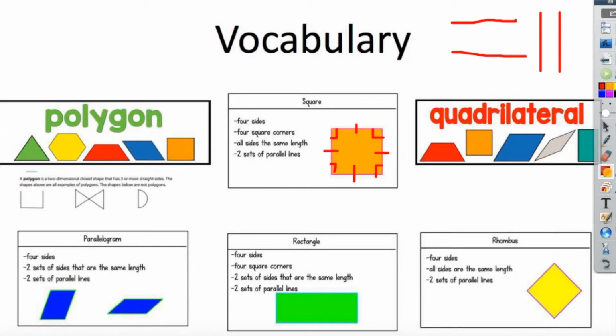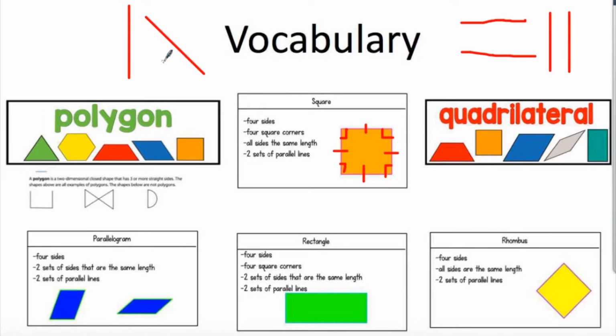If you had something like this line and this line, I want you to think about, are those going to go all the way to the sky and all the way down and never meet? Some of you might say, well, yeah, they're going to go down, and this one's going to continue all the way this way, and that one's going to go that way.